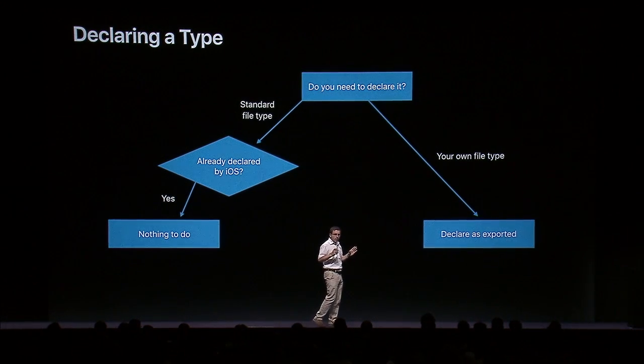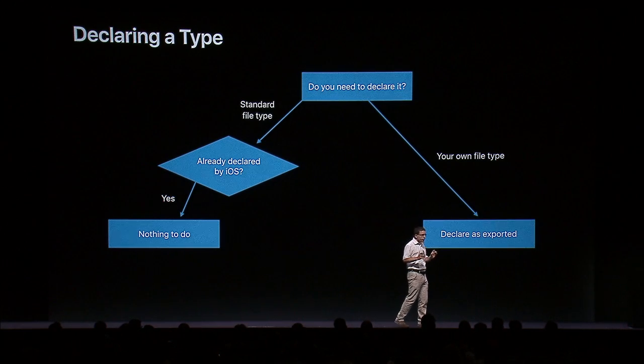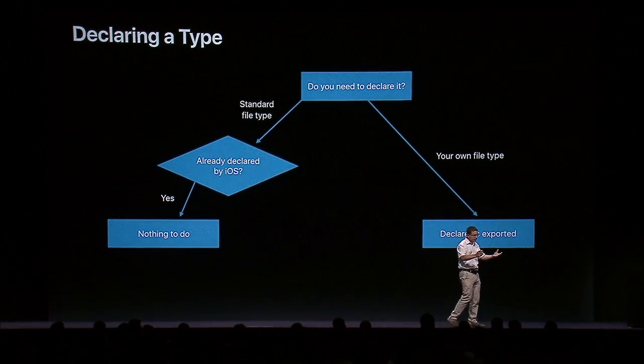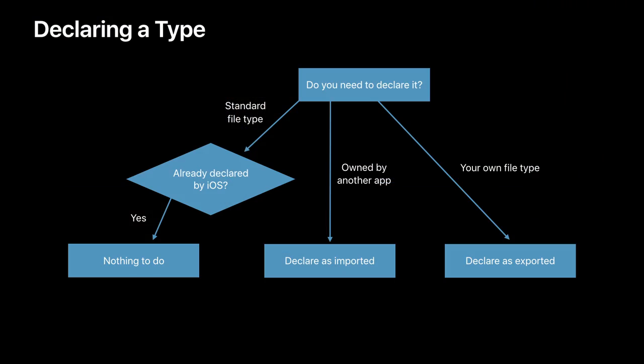There's just one more thing I didn't mention. This was a case where we were declaring our own type, but you might also want to use a type defined by another application. If that is the case, you also need to declare the type so that iOS knows about it in case that app is not installed. And we call this an imported type declaration.